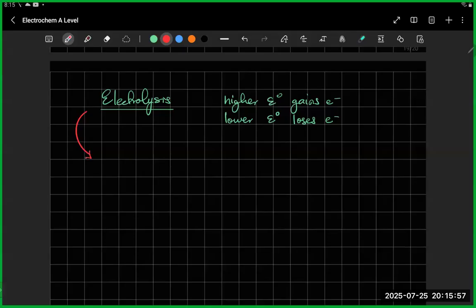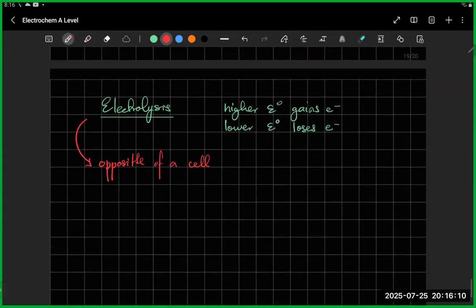Now, what is electrolysis? Electrolysis is kind of the opposite of a cell. In a cell, if you look at any of the cells, you had a reaction, and that reaction produced electric current. In electrolysis, there is already an electric current. So you already have electrical energy passing through, and that electrical energy leads to a reaction.